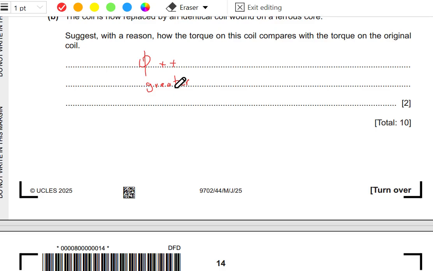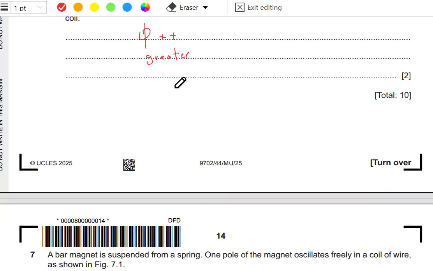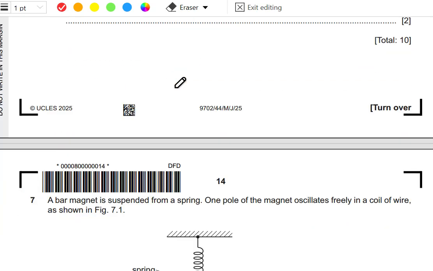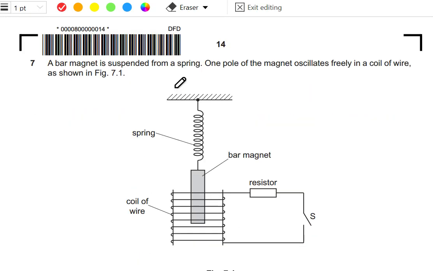Certainly the perpendicular distance will be the same because we didn't change the geometry of the coil, so it is only the magnetic force that will change, and magnetic force is BIL. Current didn't change, length didn't change, so it is only the B, which is related to phi, BA equal phi. So as phi increases, certainly force will increase and torque will increase.